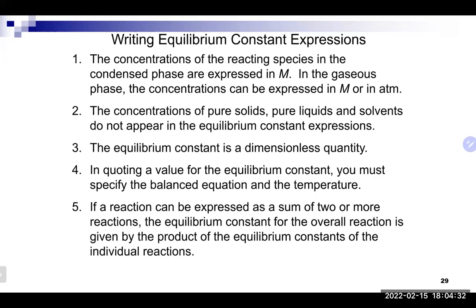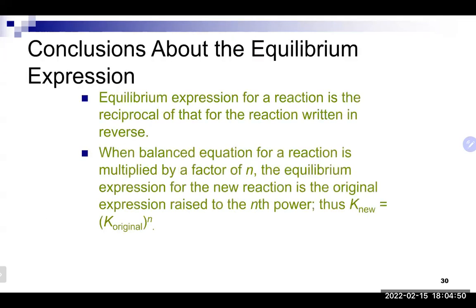And as I said before, when you do see a K value, it is very specific for the actual equation that you're looking at, exactly the way it's written. If you flip the equation around, you need to manipulate the K value for the flipped equation. As we just saw, if we add more than one reaction together, and it can be 2, 3, 4 reactions, however many, we multiply all the K values together.